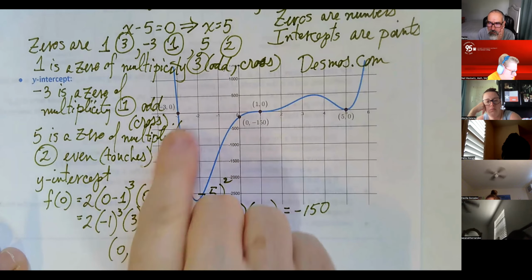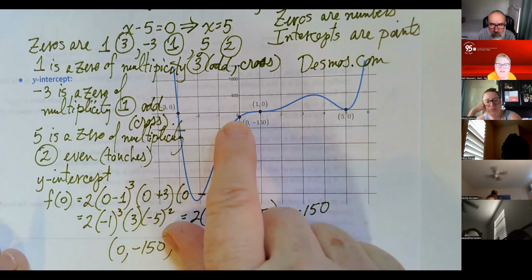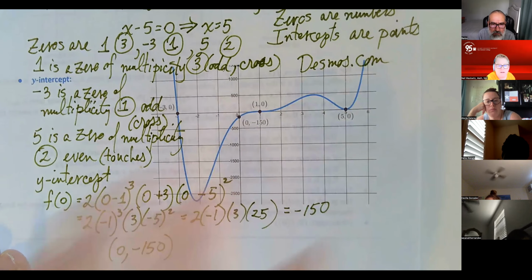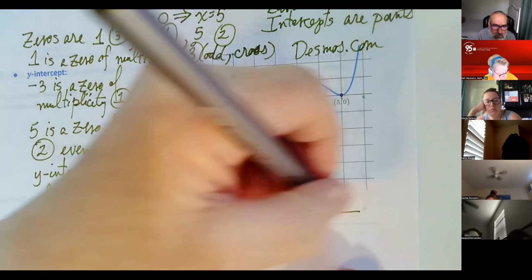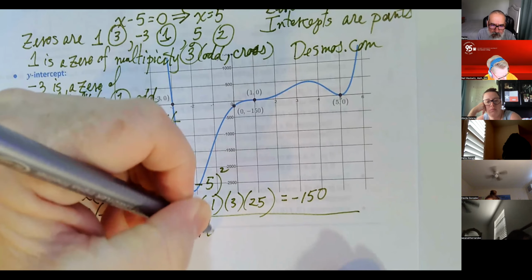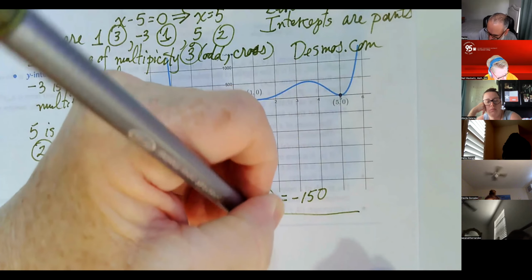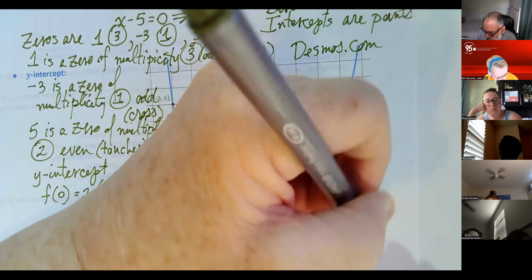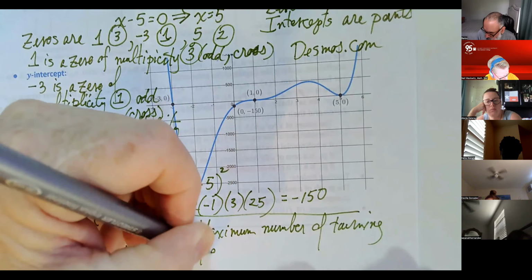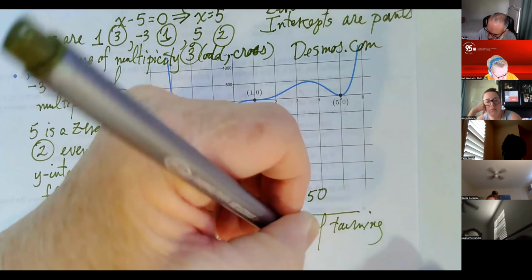All we care about is where does it cross or touch on the x-axis, the y-axis, and what is the maximum number of turning points? So maximum, 5. That's right. It's always n minus 1, and that's 5.